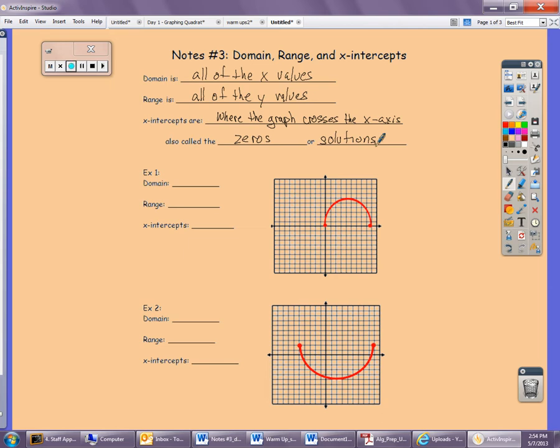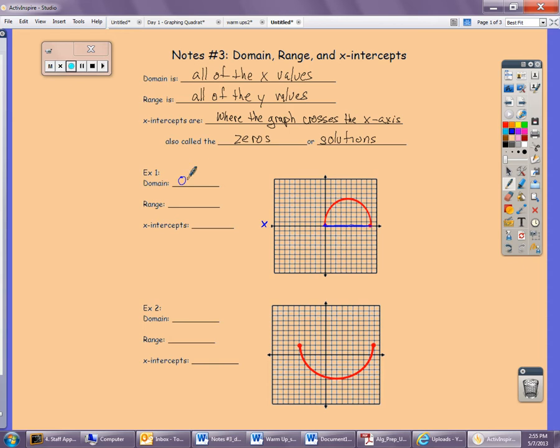Now when we look at the first graph, we want to find the domain, the range, and the x-intercepts. We know that the domain is the x values, so it's all the x values. The domain goes from here all the way over to here. It goes up and over, but we're just concerned about the x value. So it goes from 0 all the way over to 9.